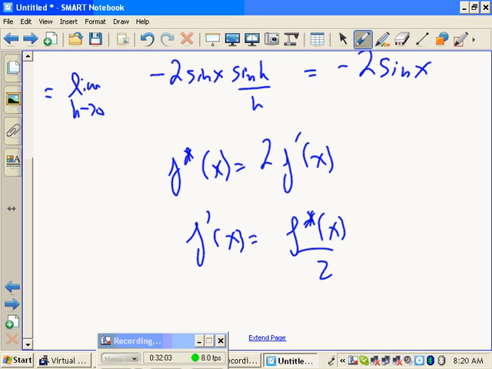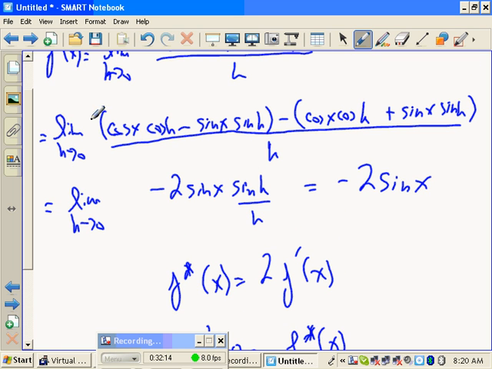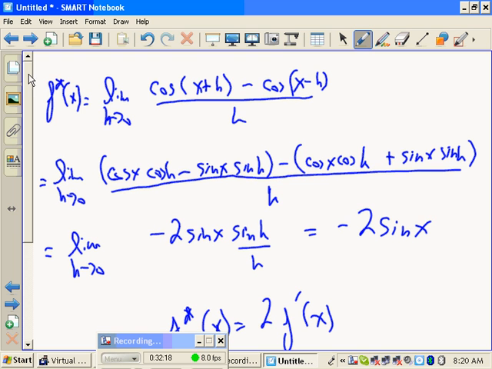Why is the negative cosine negative? I don't understand why it just turned it positive. Where? That was for when I'm plugging in negative h.